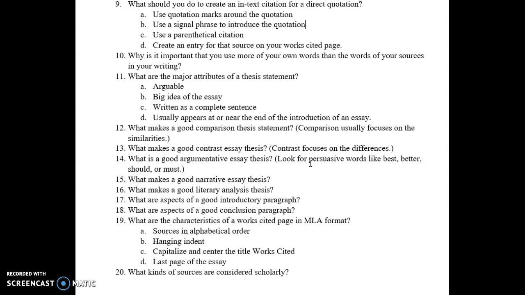For our narrative essay, the thesis statement was the part where you explained that you learned an important lesson from an experience you wrote about.